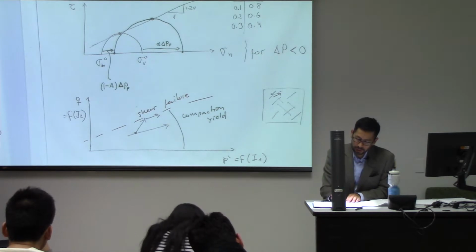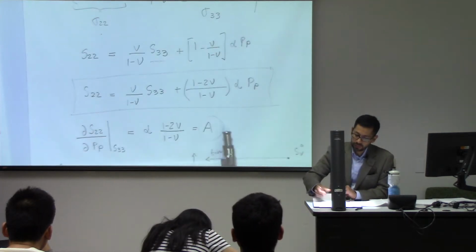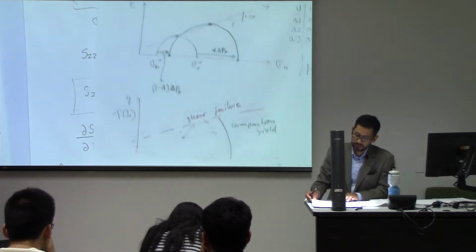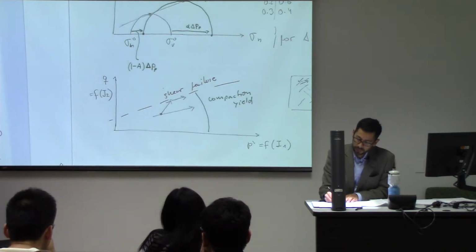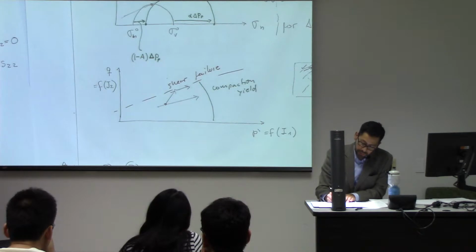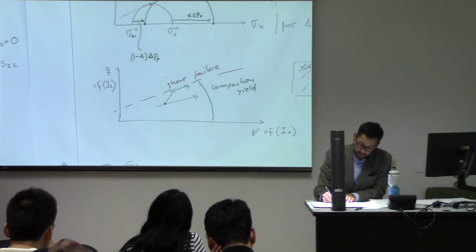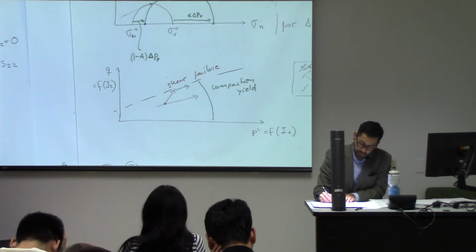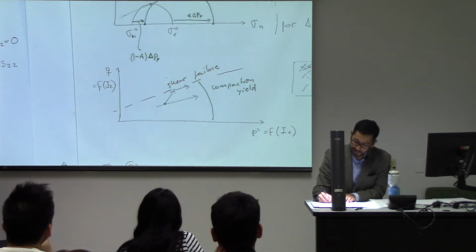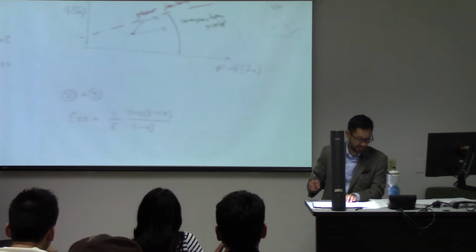Basically, what you do is you take equation 2 and you replace S22 from here into there, and you will find that epsilon 33 is going to be equal to this amount. Do you recognize this guy? It's not on the screen right now. Okay, so you cannot recognize it, I guess. So now, over there.